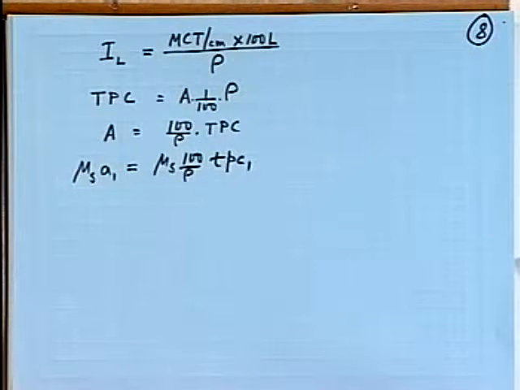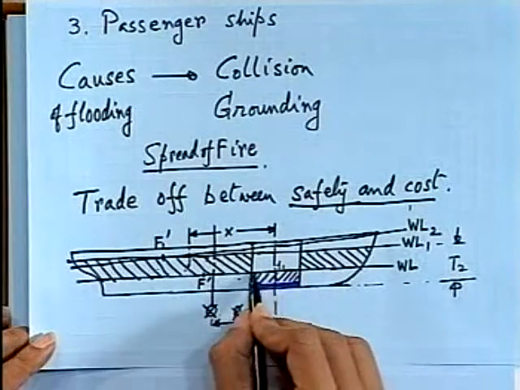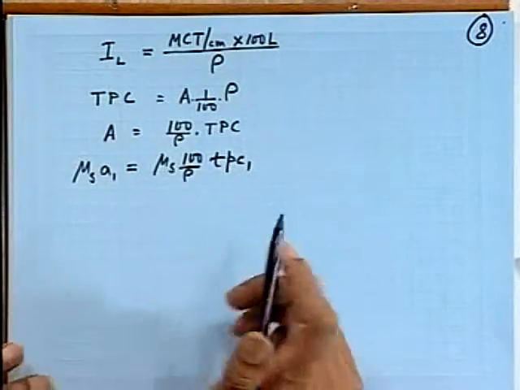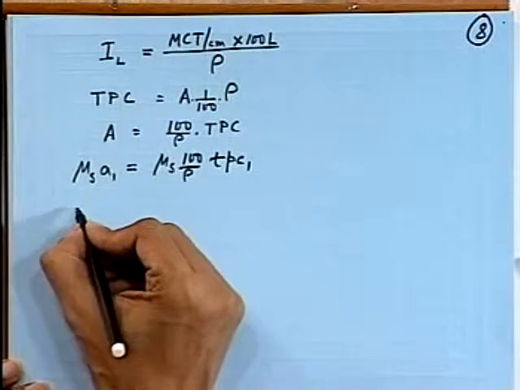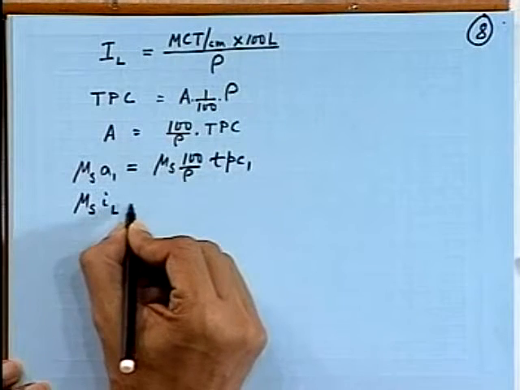So that means this is the contribution of the water plane area within the compartment bulkheads. That is, this TPC1 will be related to the water plane area within the compartment. Next, what is the moment of inertia mu s multiplied by IL?